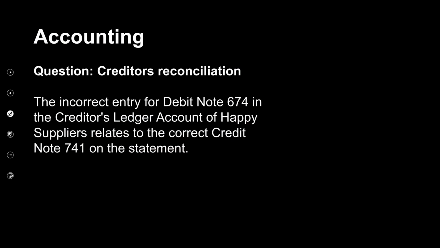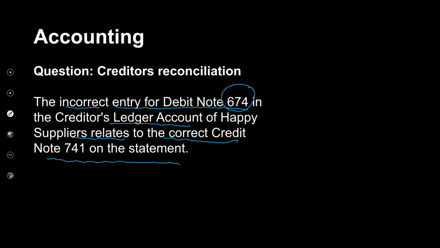Starting with the first one, it says here, the incorrect entry for debit note number 674, incorrect entry in the creditors ledger account of Happy Suppliers relates to the correct credit note number 741 on the statement.